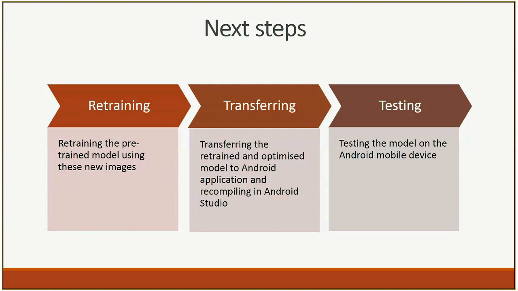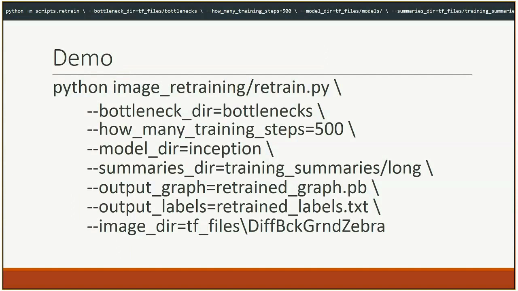We will optimize it a bit to fit mobile use, so we will try to make it smaller and faster, so the hardware with the Android application can work with this. And then we transfer it to the Android application and test it on the Zebra TC51.